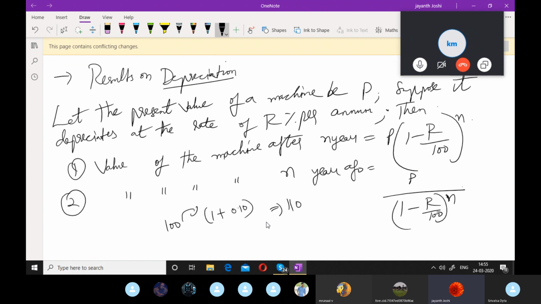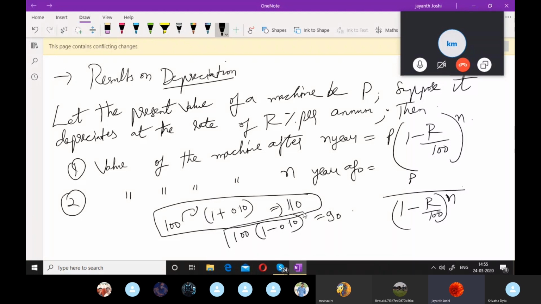But something which is decreasing, 1 minus 0.10 is 0.90, so it becomes 90. Here there is a 10% increase, here there is a 10% decrease. Increase is only when you earn some returns, decrease is only when there is depreciation. That means it decreases the value of your asset by 10%, so your asset value has become 90. That is what you are learning here.